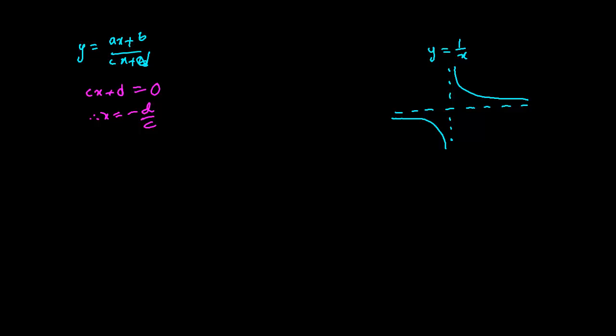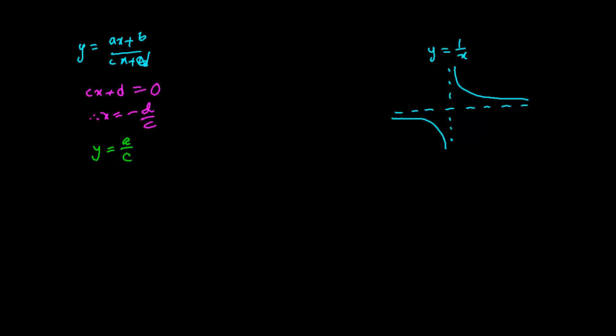The horizontal asymptote is going to be the coefficient of x upstairs and the coefficient of x downstairs, a/c. So we have both the vertical asymptote and the horizontal asymptote. The vertical asymptote is also known as the asymptote of x, parallel to the y-axis, and the horizontal asymptote is also known as the asymptote of y, parallel to the x-axis.